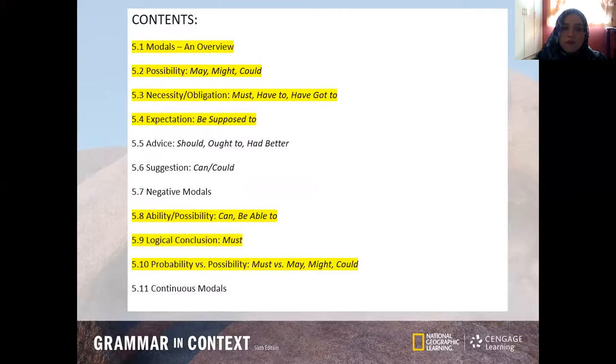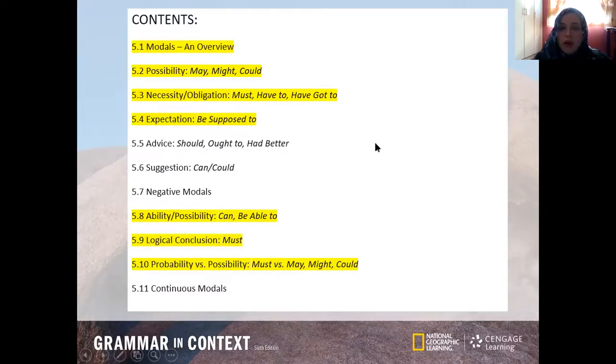We're also going to cover 5.2, 5.3, 5.4, 5.8, 5.9, and 5.10. You are probably wondering why we are not covering the other topics, 5.5, 5.6, 5.7, 5.11. Because these are not in the lesson plan. You will not be tested on these, so we are not going to go through them. We're only going to go through the notes that are highlighted here.